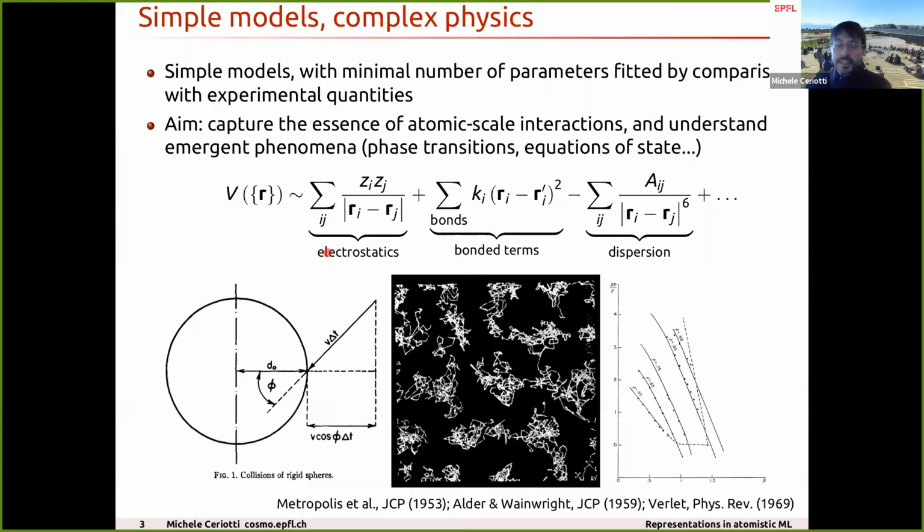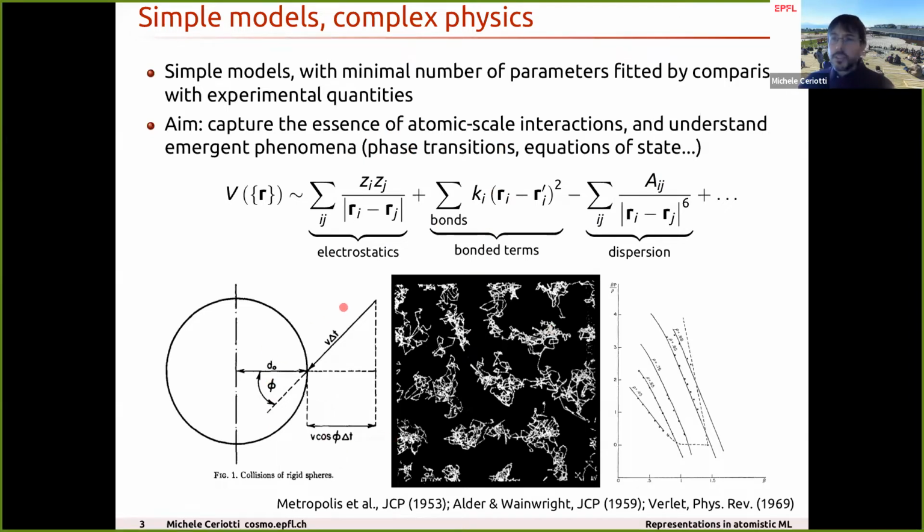In general, the idea of modeling atomic systems on a computer has been based on the attempt of describing the interactions between the atomic components, usually with fairly simple functional forms that reflect the physics of interactions between atoms. You may recognize some kind of electrostatic term, some kind of London dispersion, and some kind of harmonic terms that describe the chemical bond.